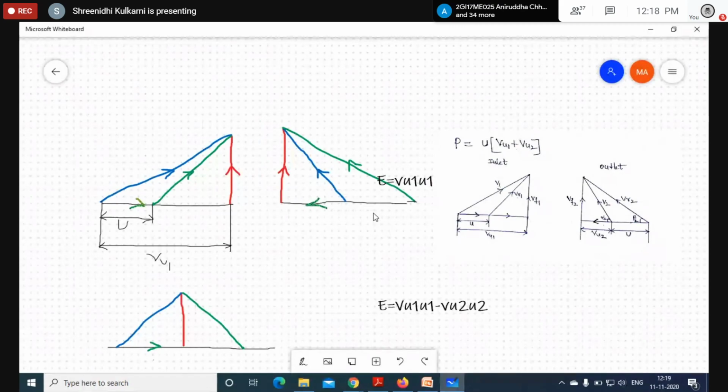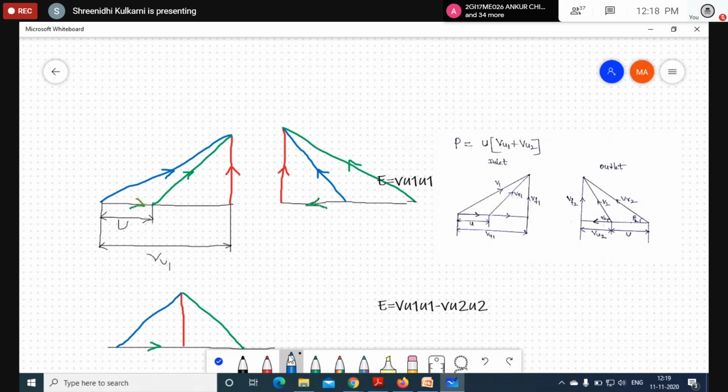You just see, I will call this V1 and this is VR1. With respect to outlet, this is VF2, this is V2, and this is VR2, with respect to angles.